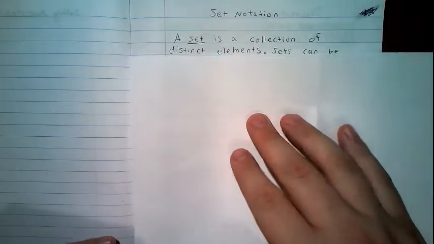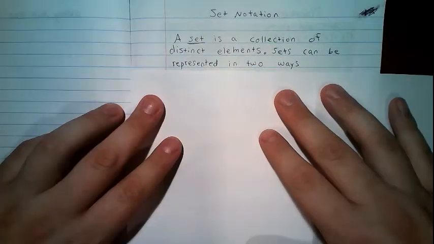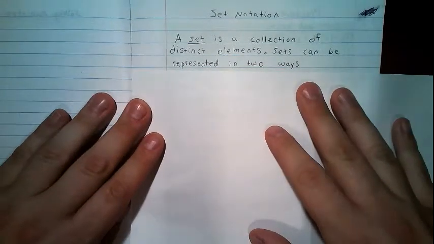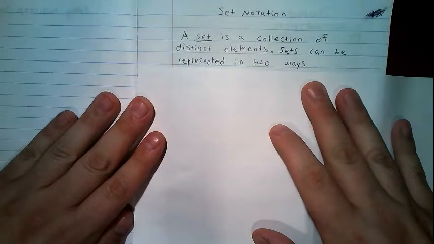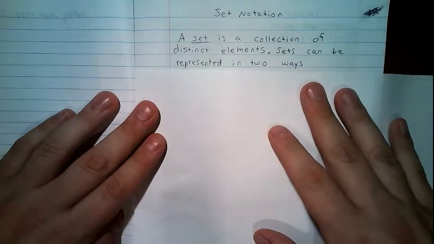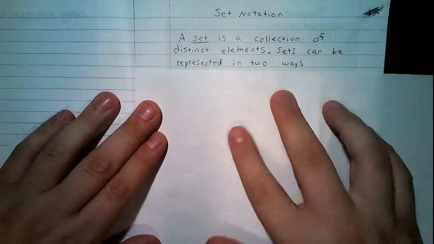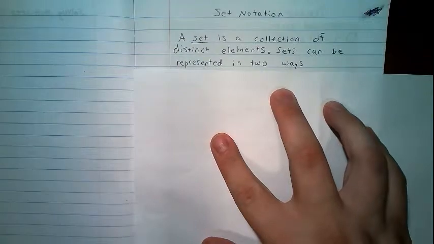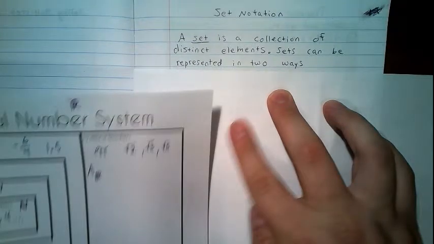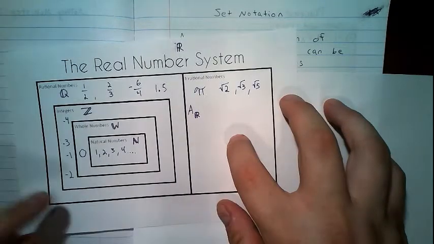So when we talk about set notation, we have to first define what a set is. A set is a collection of distinct elements, and sets can be represented in two different ways. Distinct means it's not repeated. So this is a set.